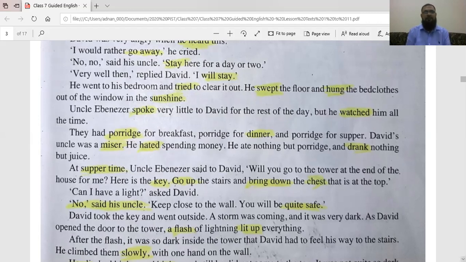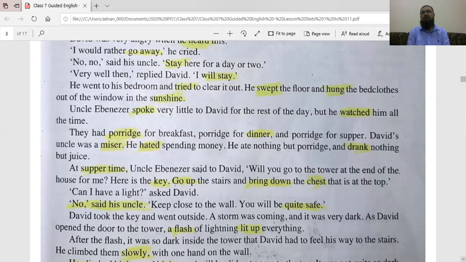Uncle Ebenezer spoke very little to David for the rest of the day, but he watched him all the time. They had porridge for breakfast, porridge for dinner, and porridge for supper. Porridge, students, is like we make shorba in Saudi Arabia, that is made of pulses and meat, and I don't know what kind of porridge they were eating, but it was the same porridge for breakfast, dinner, and supper.